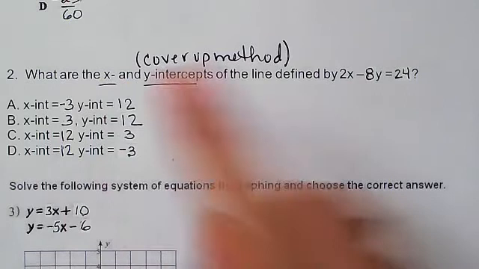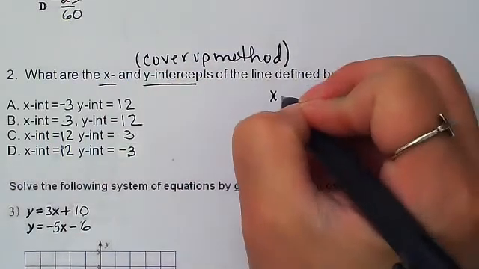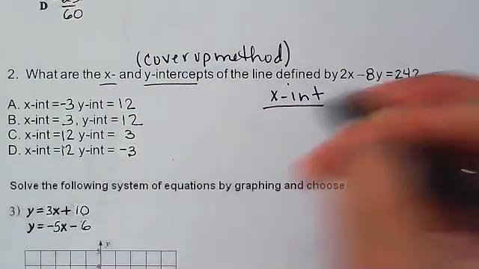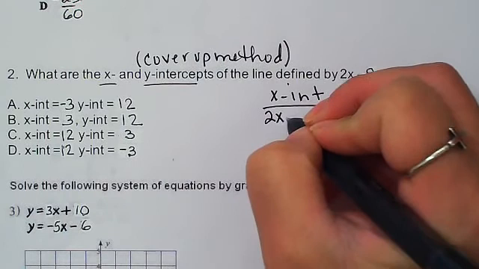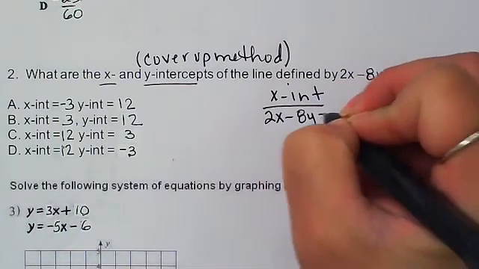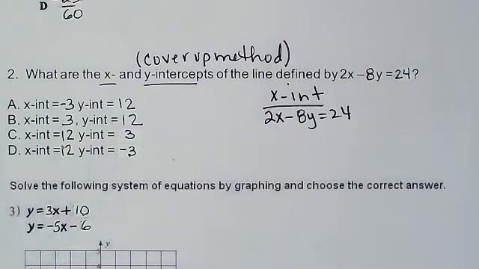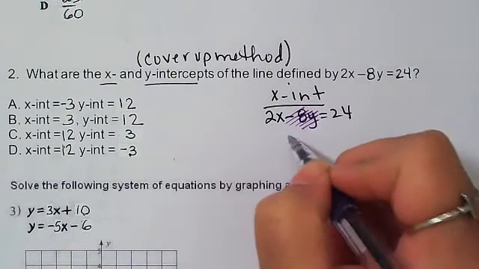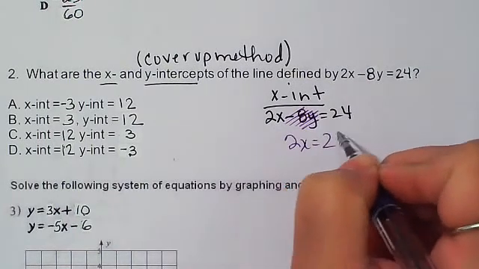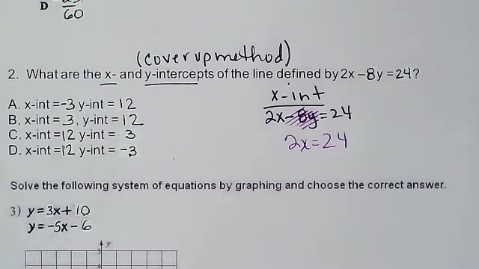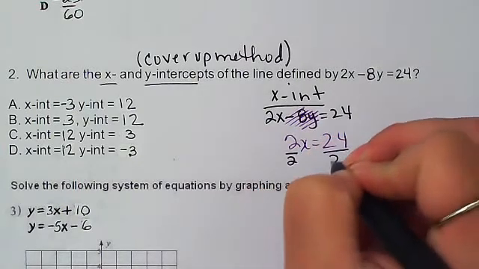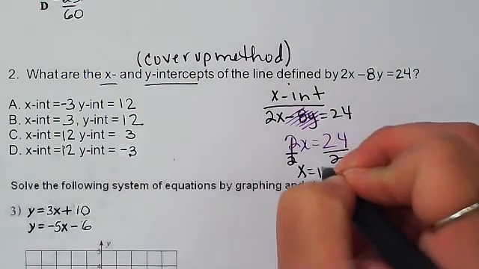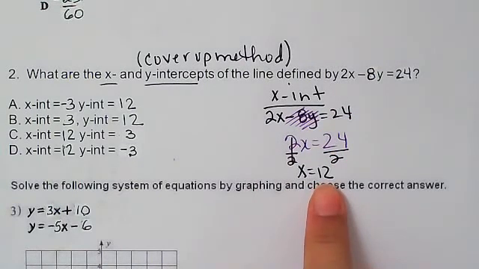So I'm going to start by finding the x-intercept first. In order to find the x-intercept, you're going to cover up who you don't want. Well, I don't want the y because I'm looking for the x. So I get to cover up all of this, leaving me with the little problem, 2x equals 24. And all I got to do is divide both sides by 2 to solve for that x. So my x-intercept is 12.